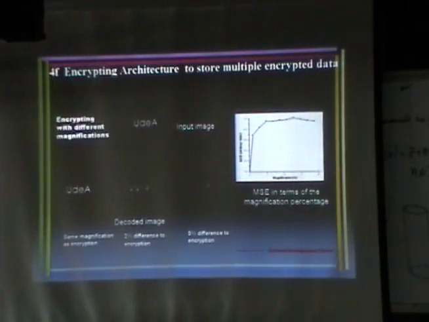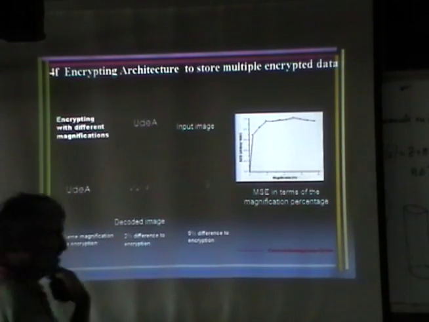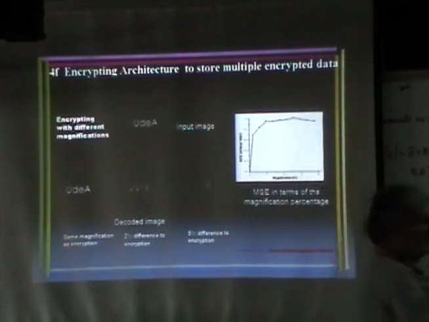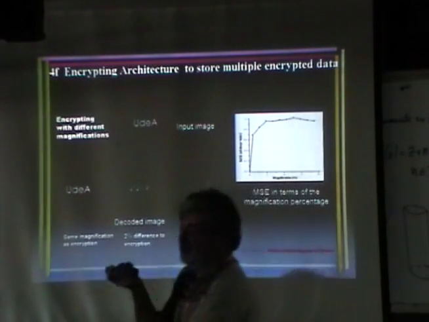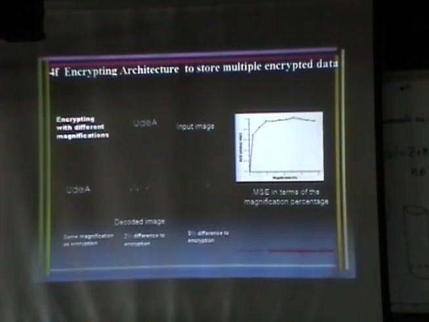Well, another possibility is to magnify the key mask itself. This approach is only valid in virtual optics or digital encryption, because if you have a real diffuser, you cannot enlarge or reduce it.